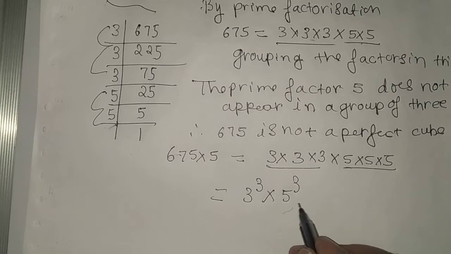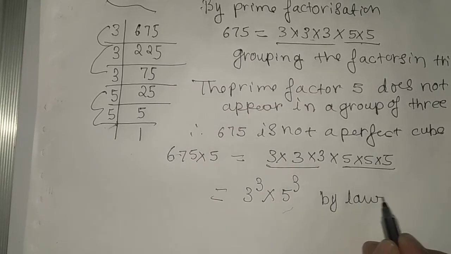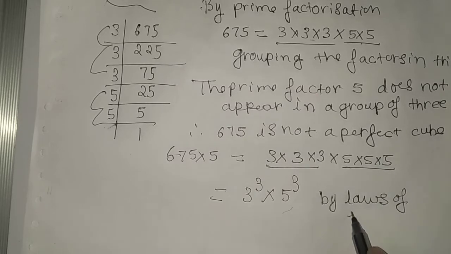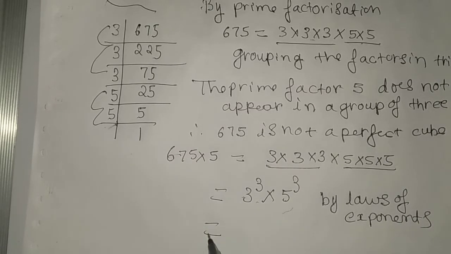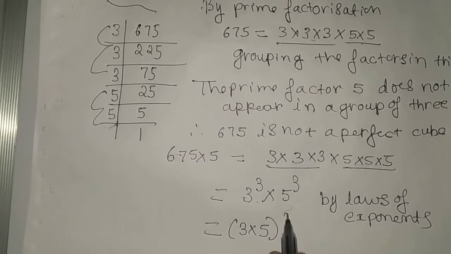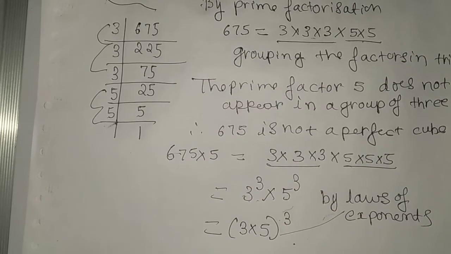Then by the law of exponents, we multiply these two bases and the power is common. So first take the base, that is 3 into 5, and the common power is 3.